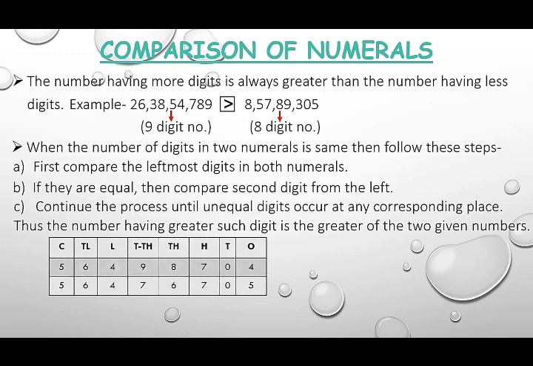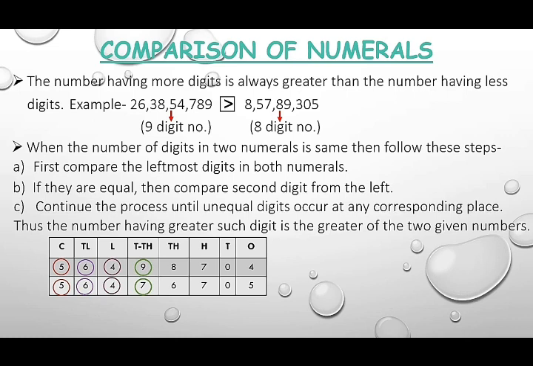In the given table, you can see two numbers for comparison. Both the numbers are of 8 digits. The leftmost digits, that is the crores place, are equal. Digits in the 10 lakhs place and lakhs place are also equal. When we compare the digit in the 10,000's place, the first number has 9 and the second number has 7.